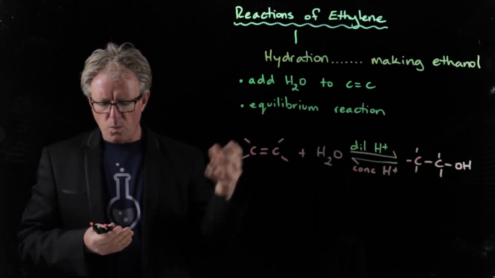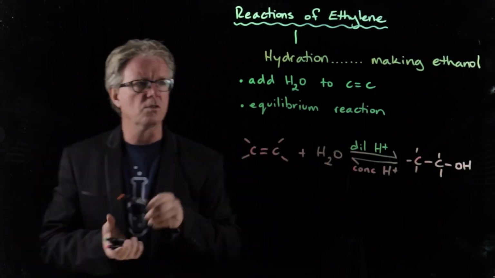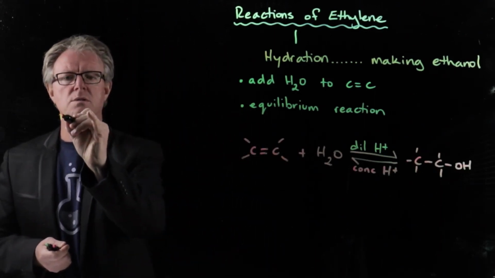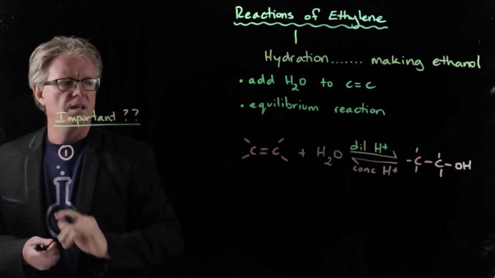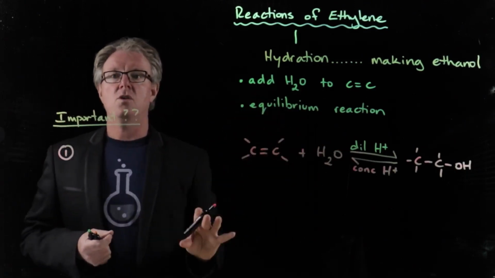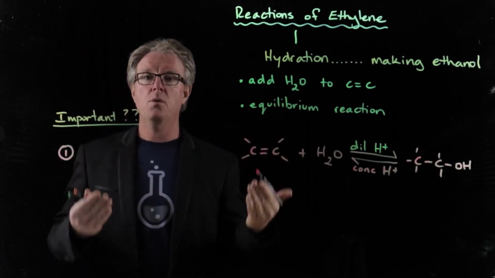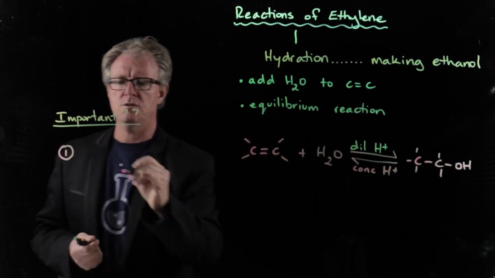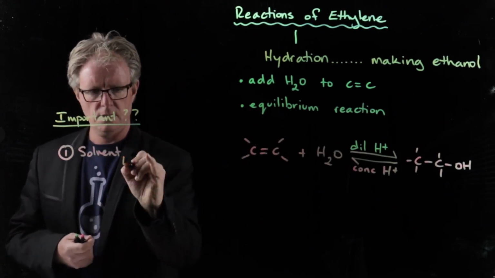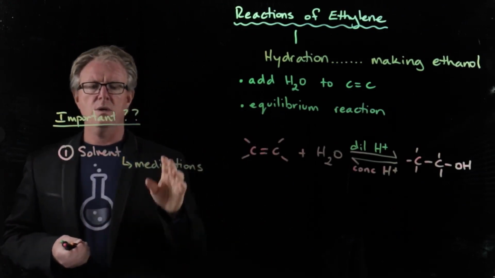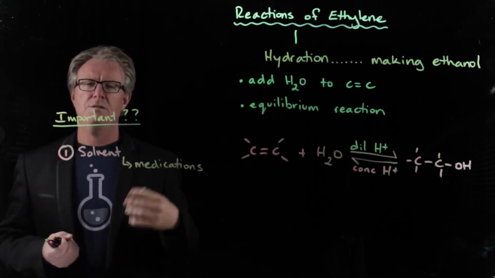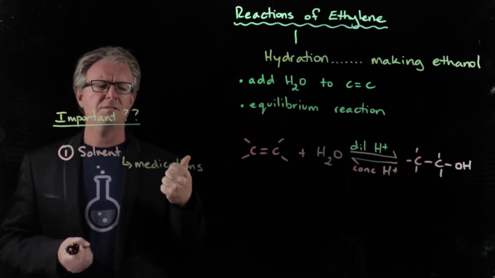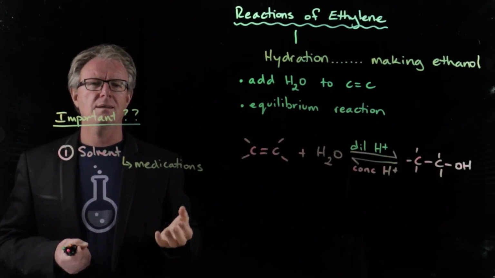Now why is this important? Well, let's have a look. Why is this process important? The first thing is we want to make ethanol industrially because it's an important solvent in medications. So no longer do you have to swallow big tablets. If you try and give a young child a big tablet, they're not going to like it.